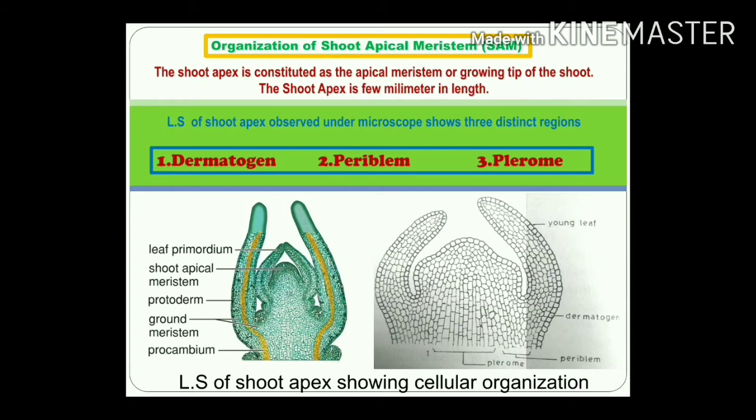As I have discussed earlier, shoot apical meristem is more complicated than root apical meristem, and now let us see the organization of shoot apical meristem.